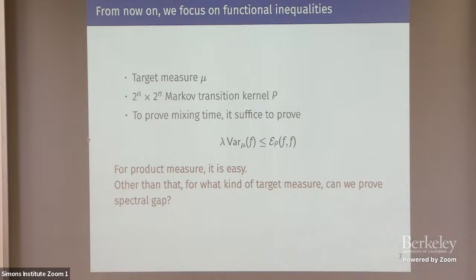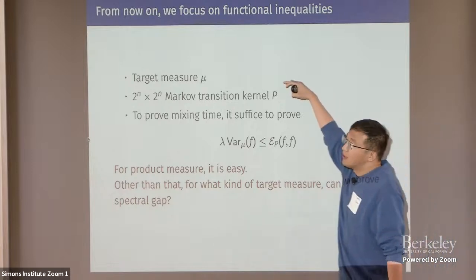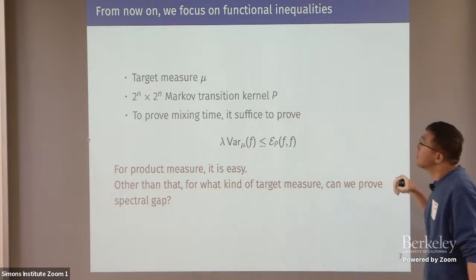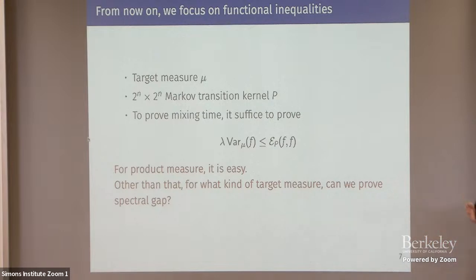So to understand the mixing time of a Markov chain, it is sufficient to prove something like this. But the difficulty is that you have a target measure on the Boolean hypercube. Your transition kernel is a matrix of size 2 to the n times 2 to the n. It's a very large transition kernel.